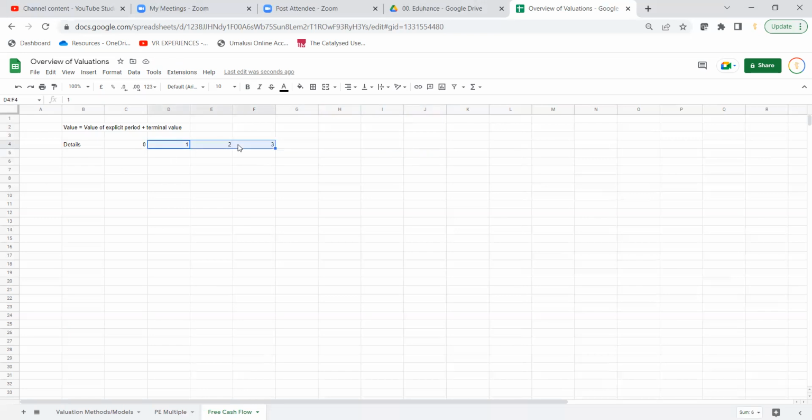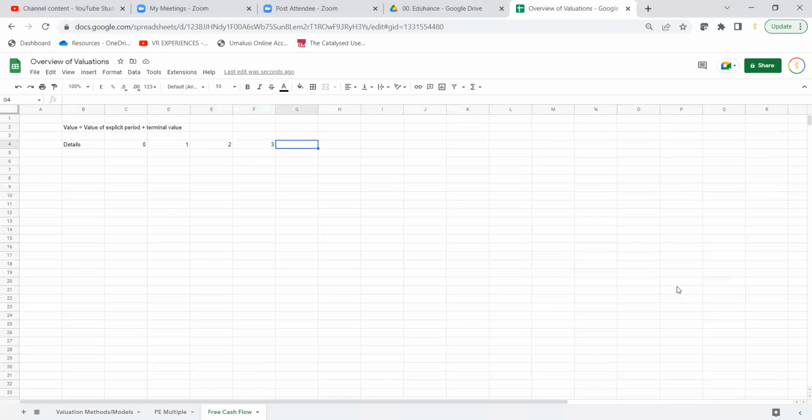Remember, it can be any number of years, whatever they tell you. It can be 3 years, 5 years, 7 years, 10 years, whatever it is. But basically, the explicit period is the period where you have information about.